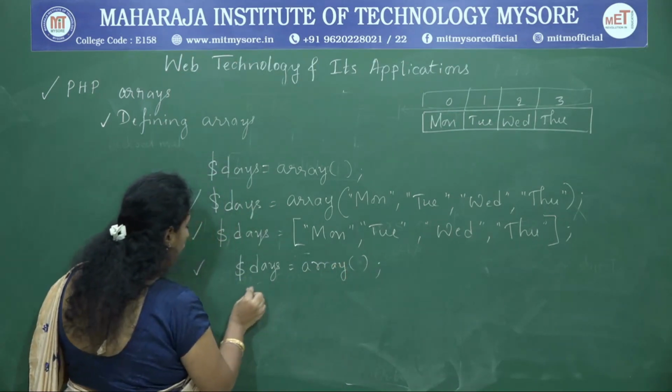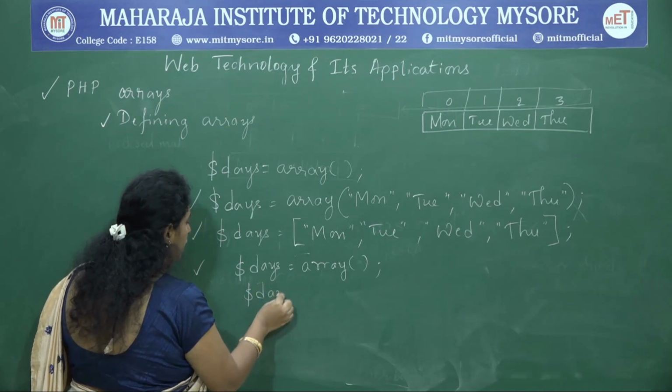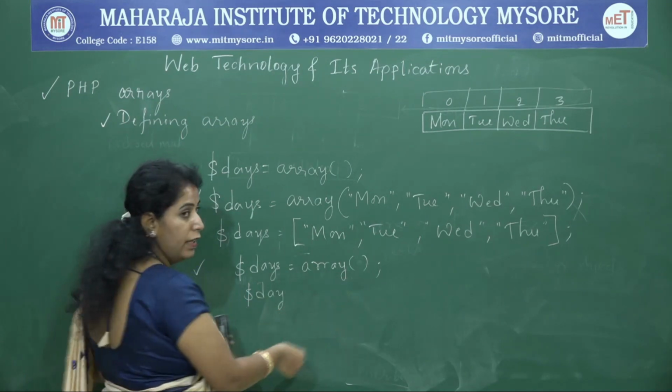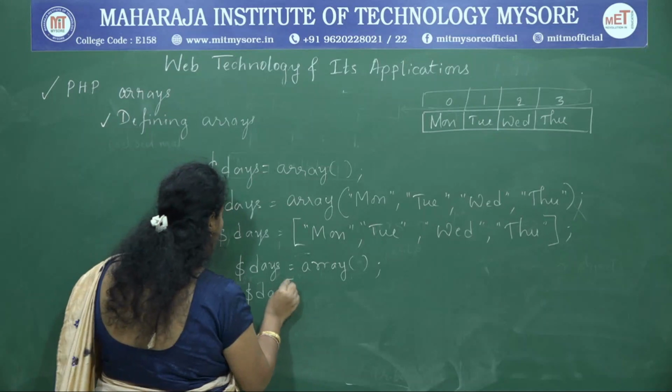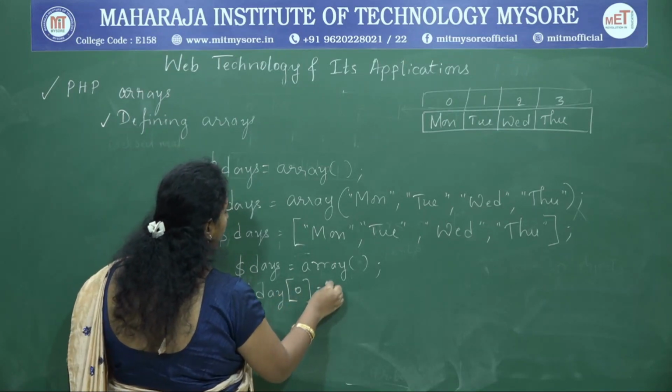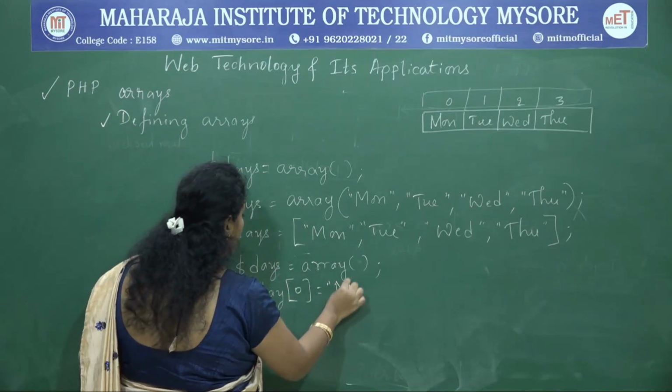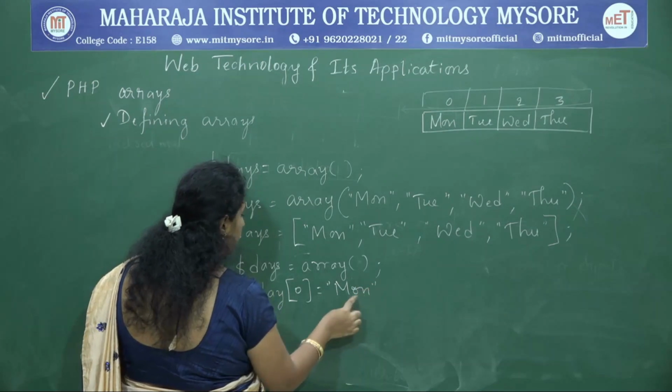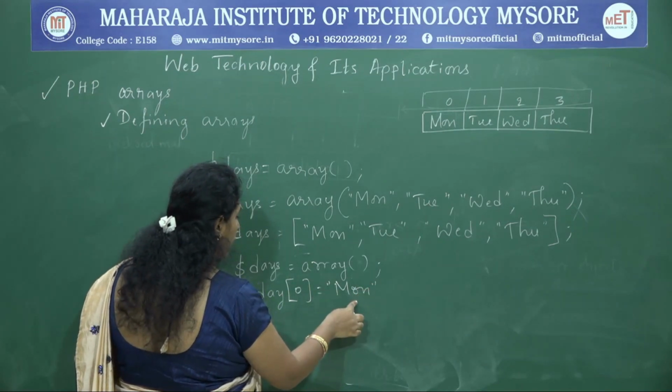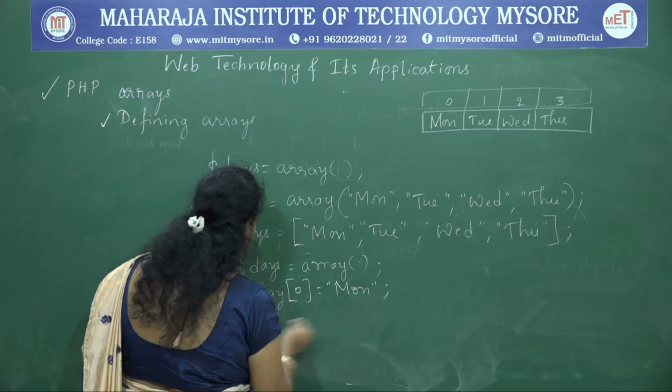See here, I am specifying the index. First I will declare an empty array, then in the 0th index I am saying to initialize an element to this index.